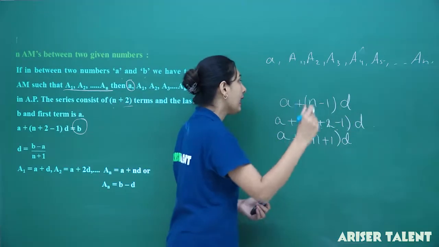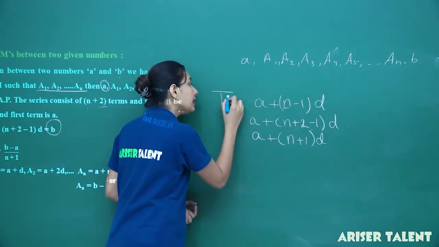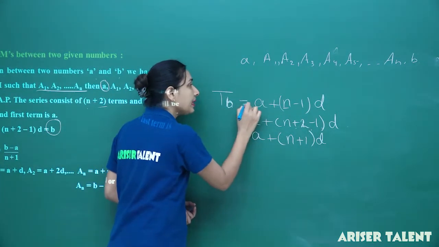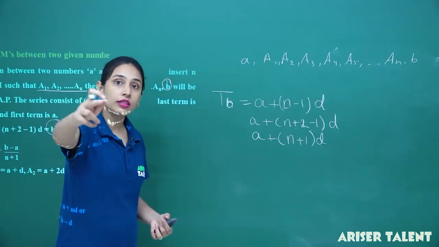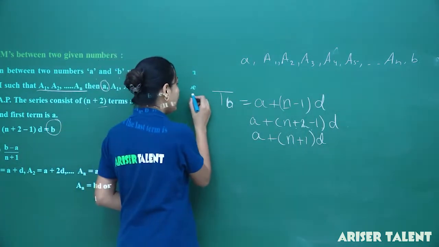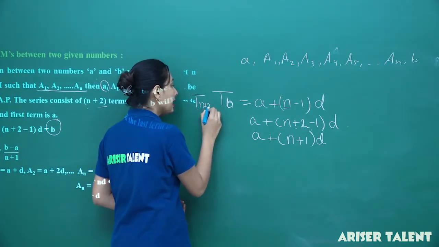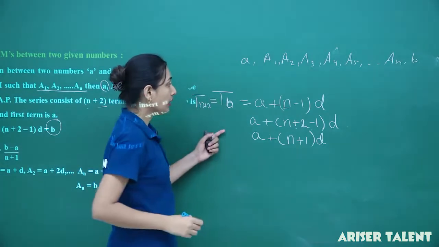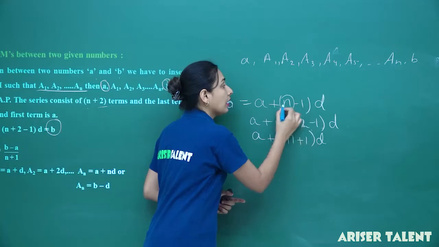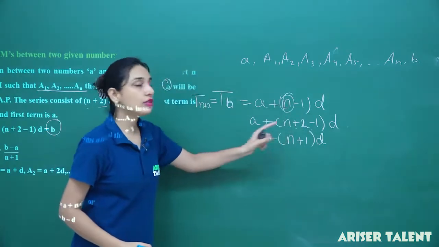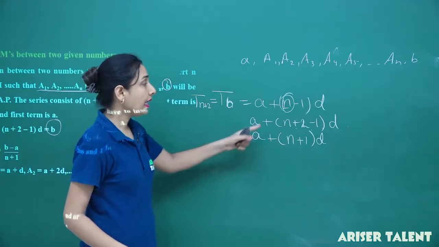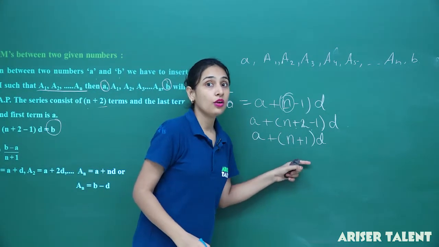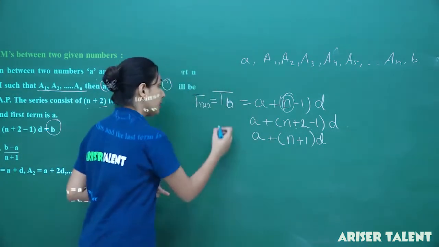Now if I have to find B, so B is what? The n plus 2th term. So I am finding here T(n+2). So I am considering this n equal to n plus 2. So this formula, not n minus 1 but n plus 1, will be of what?